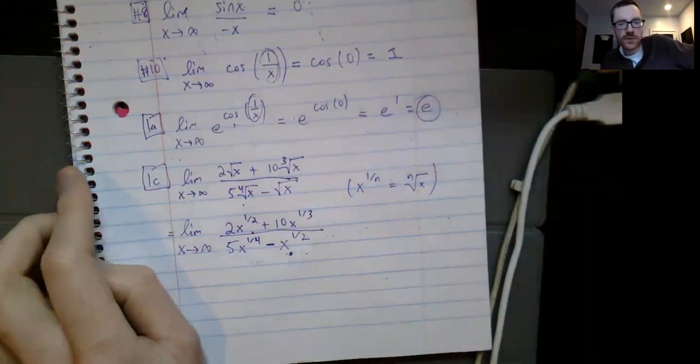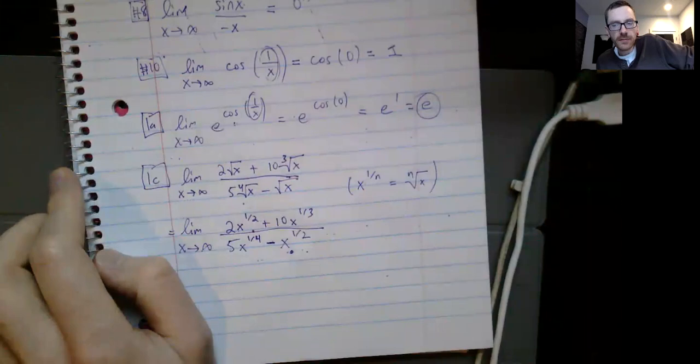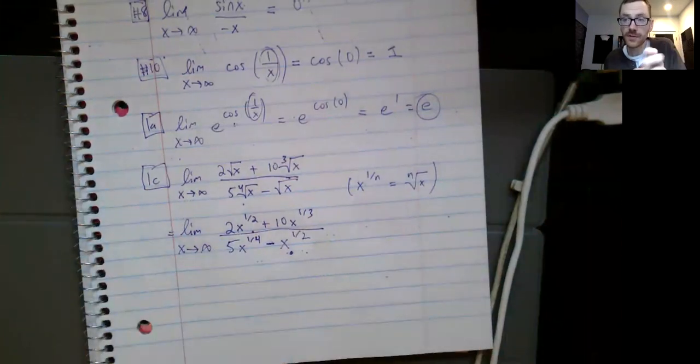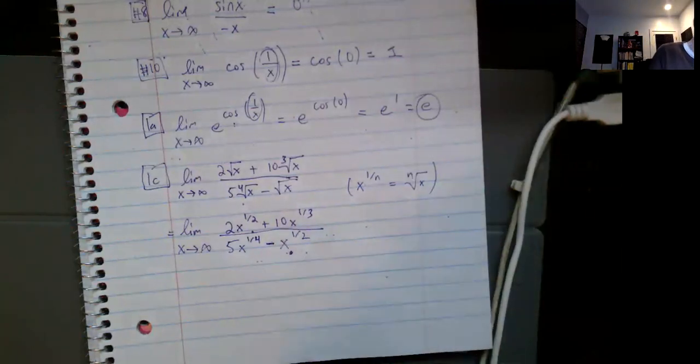Now, what's the advantage of doing this? If we write the expressions this way, then we can actually do the usual trick of asking ourselves which terms grow the most quickly and which terms grow the most slowly in the top and the bottom, and eliminate the slower terms. So if I have a look in the numerator, which of these two terms is growing more quickly?